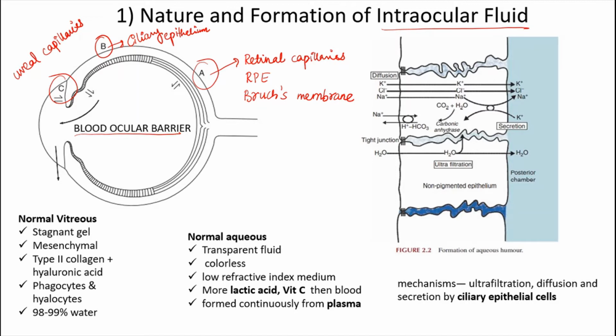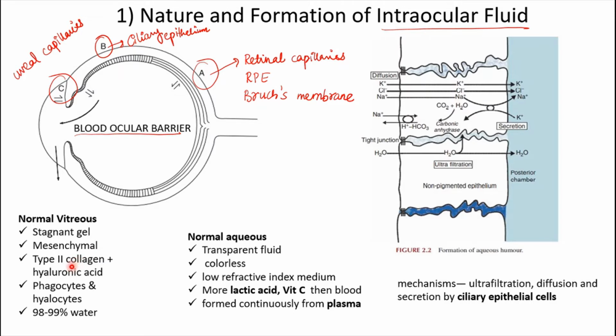When I say intraocular fluid, the main thing is the normal aqueous humor. But there is also the vitreous, as you must be knowing. So let us quickly finish it off first. Fine. So the vitreous humor, or the vitreous, is a stagnant gel. It is mesenchymal in origin, formed by the ciliary epithelium.